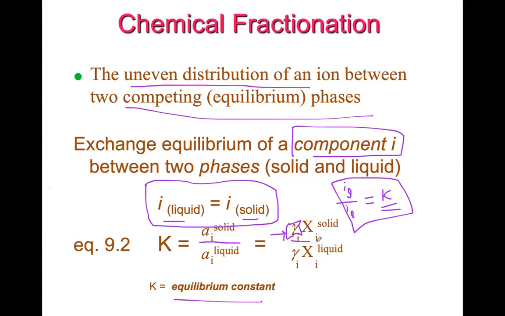That ratio will also be constant and equal to the equilibrium constant, right? So this is regarding the exchange equilibrium of a component I between these two phases, right? If you take two phases, right?